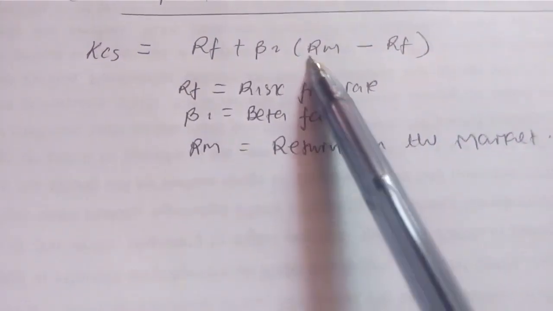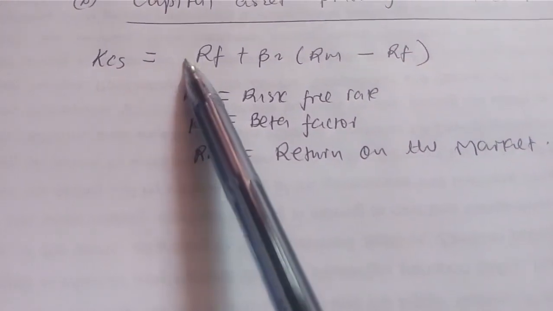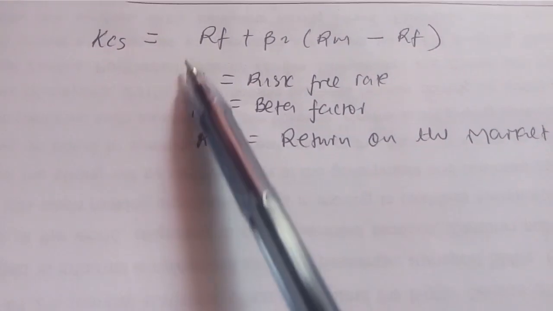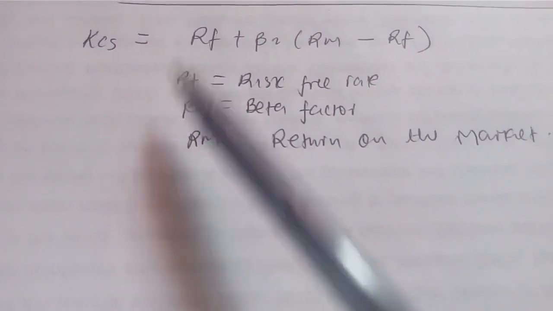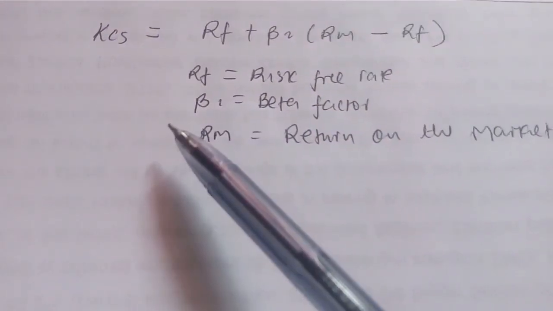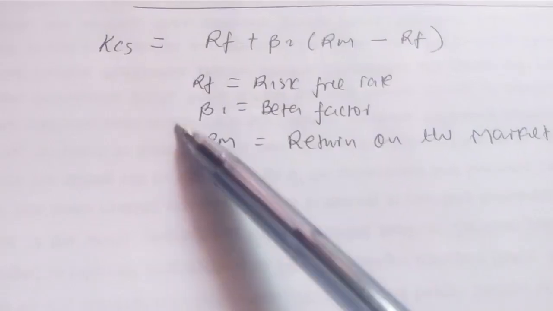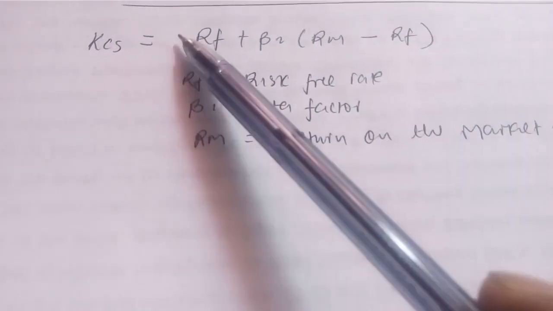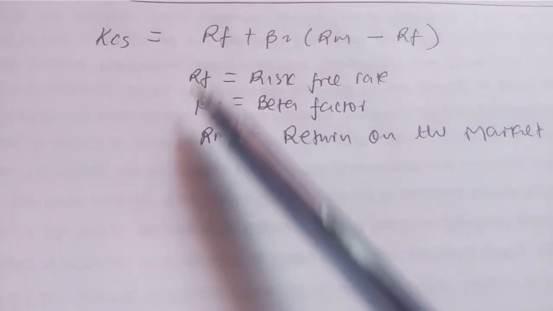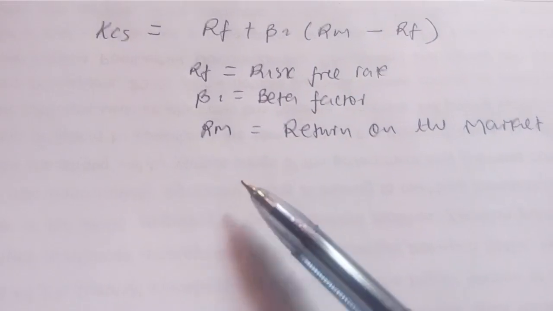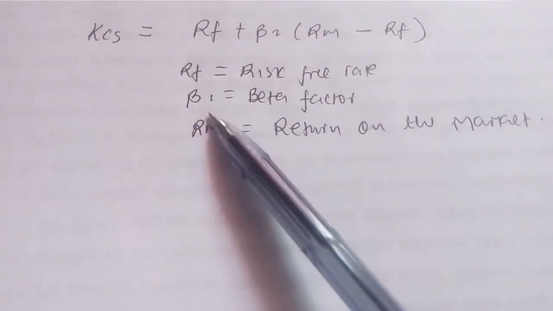Having said that, I'll go back to the point which I mentioned, that you cannot use the two approaches when finding the cost of common stock, whether internal or external. It depends on the information that you have in a particular question, it will guide you to which formula to apply. That being said, we'll look at an example which involves the capital asset pricing model.